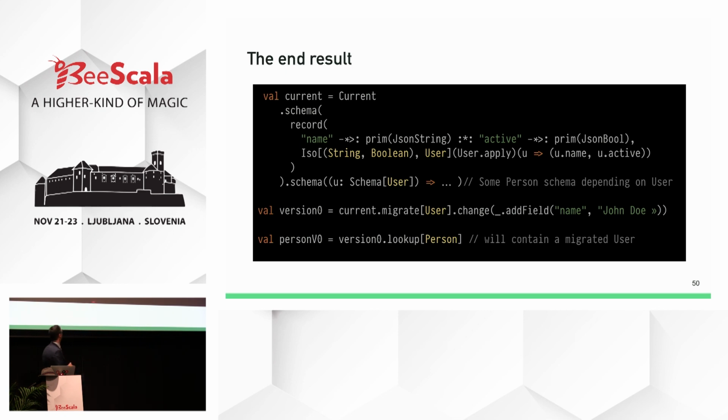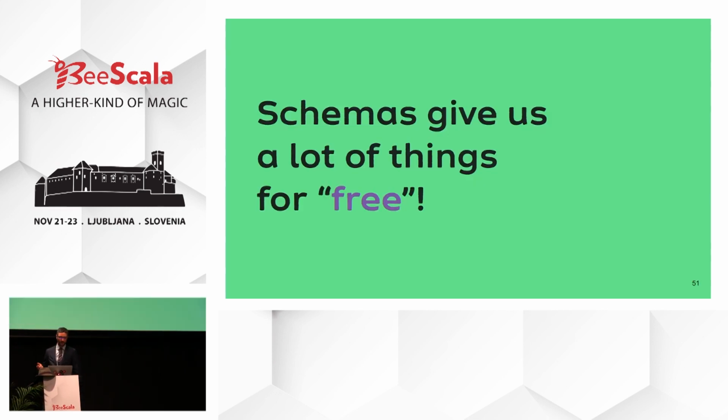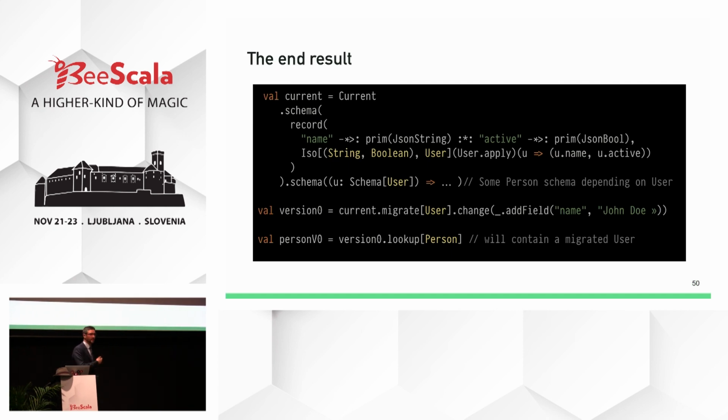And that's it. Now, if I take my version 0 and I look at person, I will get a person that contains a migrated user, a user that doesn't have this field. This time, the evolution problem is solved.